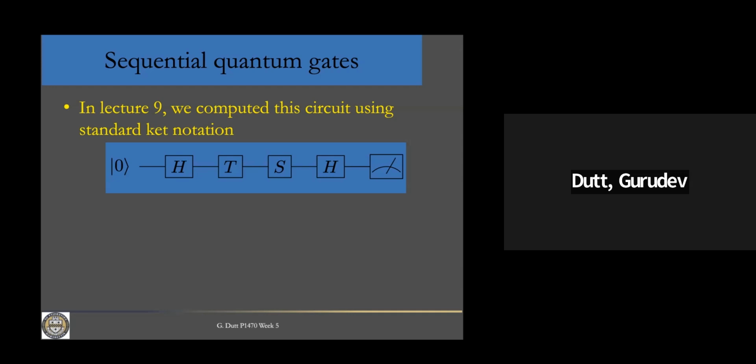Space is 1 plus 1 times 1. So I'll write it out if you like. 1 times 1 plus 1 times e to the i pi over 4. That's in the top element. And then the bottom element is 1 times 1 minus 1 times e to the i pi over 4.